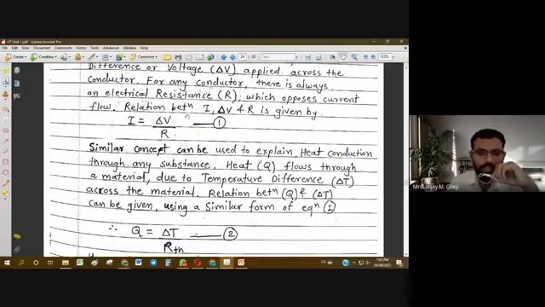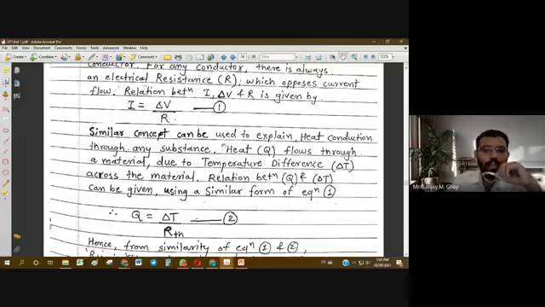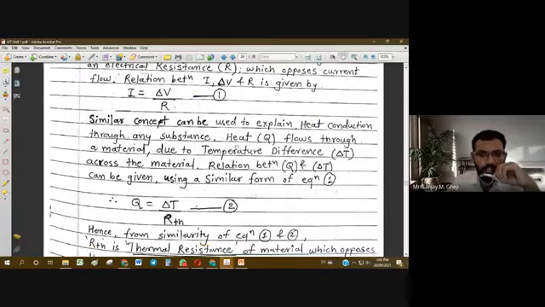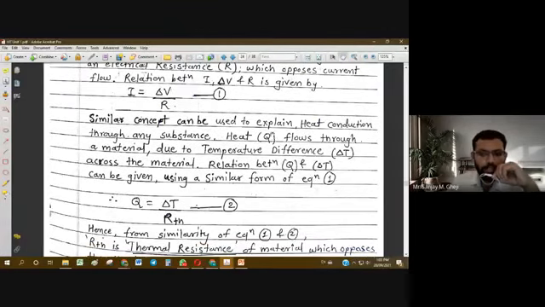The same concept, the same formula, can be used in conduction also. The same concept can be used for heat conduction. Let us say heat transfer is Q, and that flows through the material. And we know that heat flows due to temperature difference.